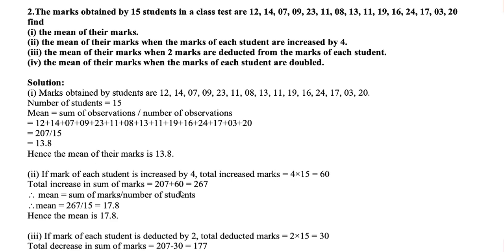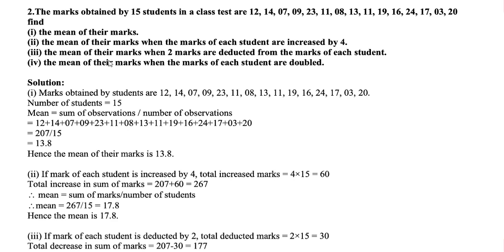It will increase by 60 marks, so it will come to 267. Now the mean will be the sum of marks divided by the number of students. So 267 divided by 15, so 17.8 will be the answer, that is the mean marks.